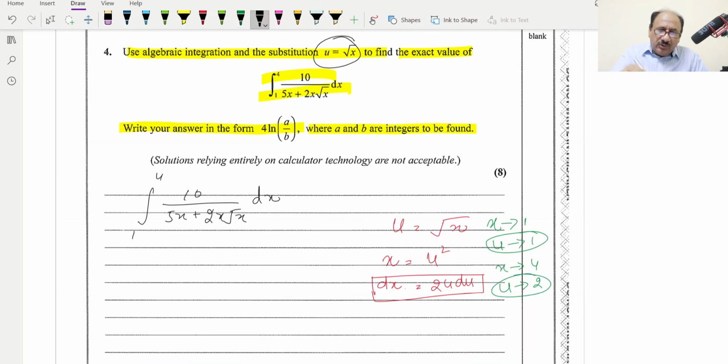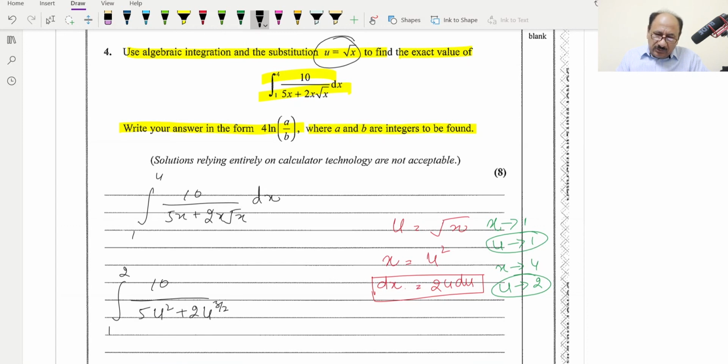So our equation will switch to this one, limit from 1 to 2, 10 over 5 u squared, since the x value is u squared, plus 2u raised to the power 3 by 2.